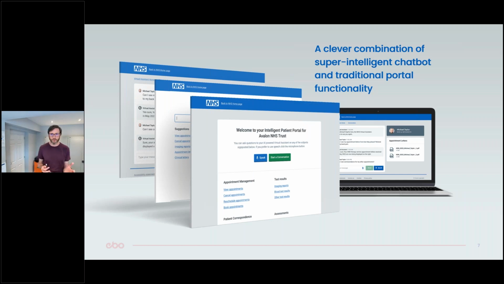So from managing simple to complex self-assessments, consent and questionnaires to complete appointment management, including waiting list validation, the Intelligent Patient Portal will reduce surging call volumes, extensive waiting lists, patient no-shows, and increase staff capacity. And this fusion of interactive virtual assistant with traditional portal functionality is the digital front door to the future of healthcare.